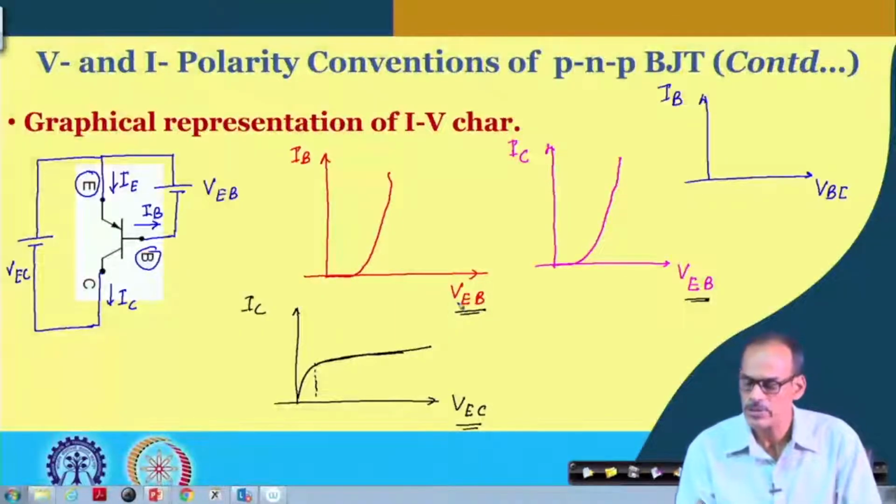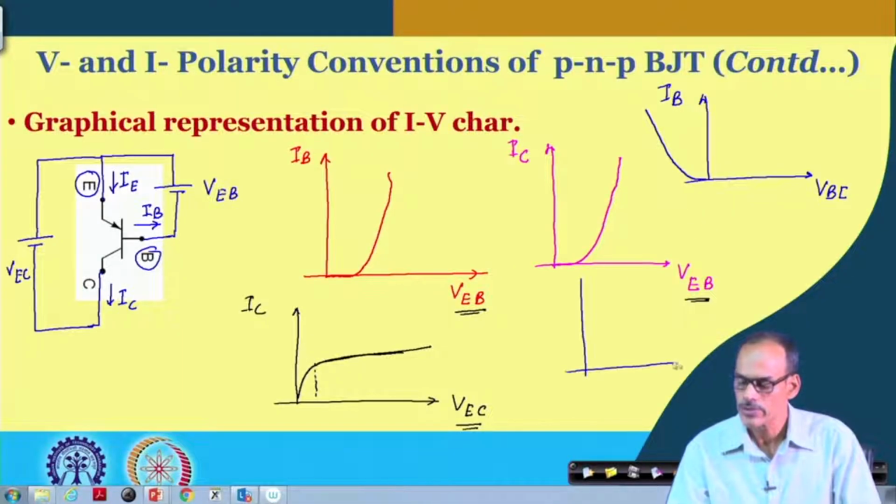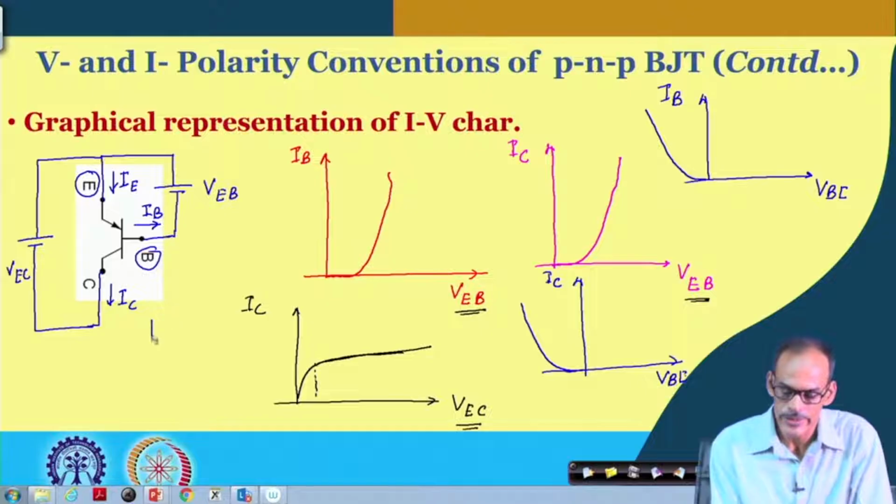Since we are flipping the polarity of the voltage here, of course, this will move to the second quadrant. Likewise, if we plot IC versus VBE, and change the polarity of this bias, here also it will be in this quadrant. Likewise, IC versus VCE will be in the second quadrant.